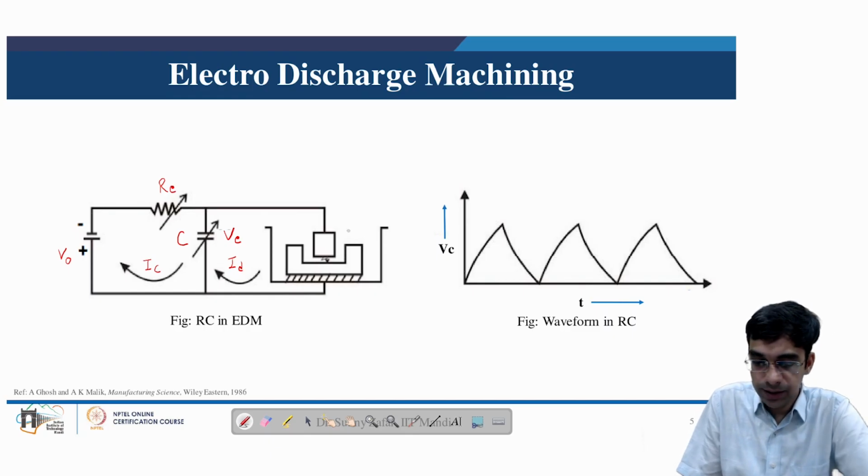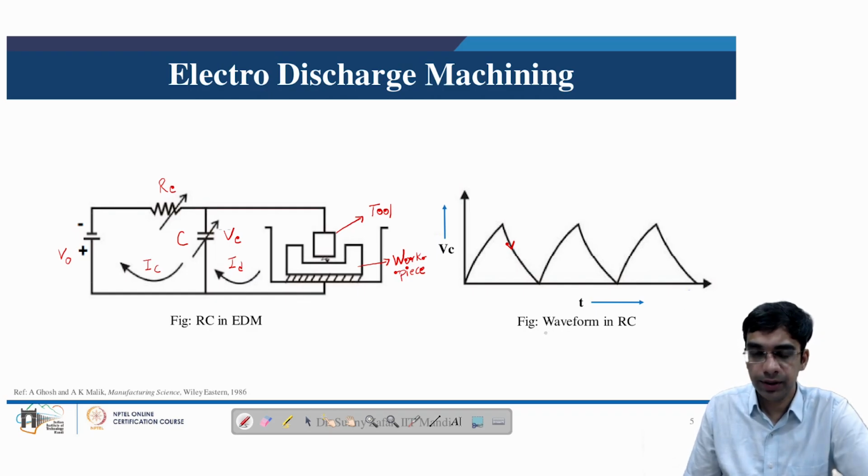Now what changes is that instead of this diode, we have the tool and the workpiece. Upon reaching the peak value in VC, we can see there is a sudden discharge, and this type of waveform is possible with the relaxation circuit in electric discharge machining.